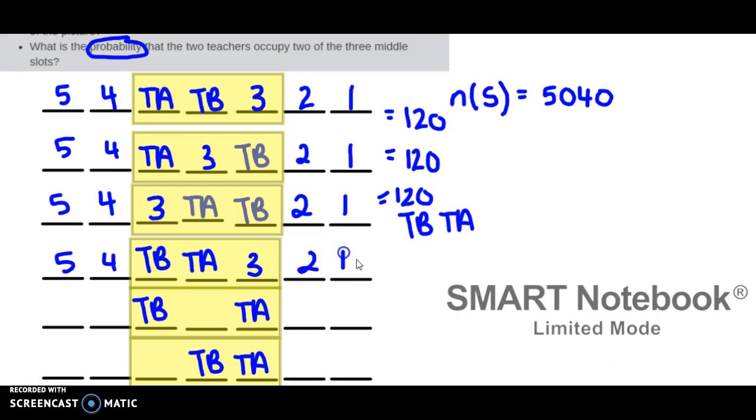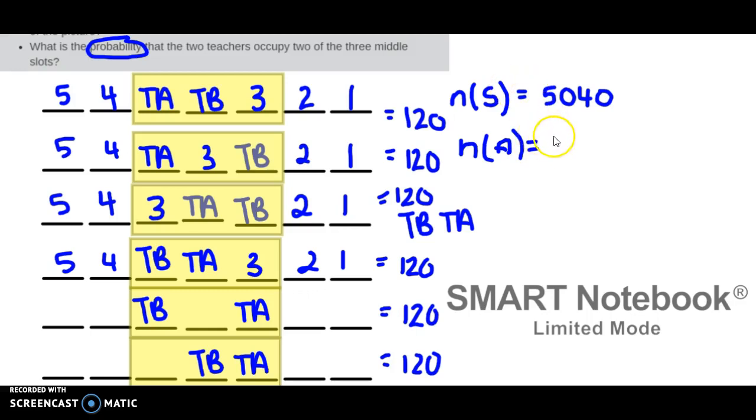which have 5 times 4 times 3 times 2 times 1, 120 ways to fill in the remainder of the spots. All right? And so the total number of ways that the 2 teachers can fill 2 of the 3 middle spots is 120 times 6. So I'm going to write this down here. N of A, where our event A is that the 2 teachers occupy 2 of the 3 middle spots, is 120 times 6, which is 720.